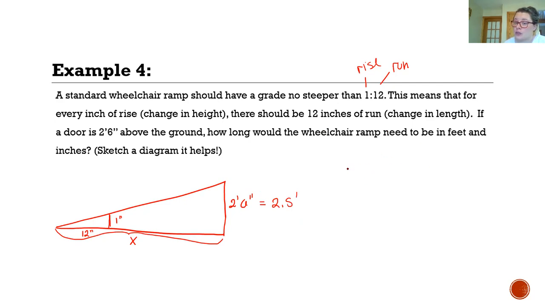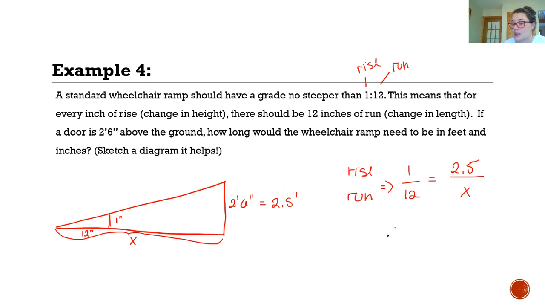So you know you need a rise, run. Rise and run is going to give us 1 over 12 is equal to, well, the door has up 2.5 feet, so we're going to put 2.5. And that means we have a run of x. We know how far out is the ramp going to end up being.